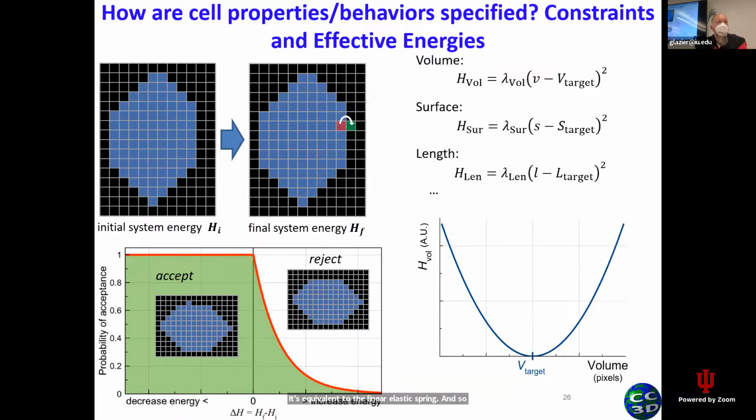The further away I am from my target volume, the restoring force is proportional to the difference between the actual volume and the target volume. And that's exactly how the ideal gas law works for a balloon, for example. So quadratic energies give you linear forces. Again, if you're not a physicist or you haven't run into this, I wouldn't worry about it too much. But when you come up with pathologies in this kind of simulation, having a little bit of this background may help you do some debugging.